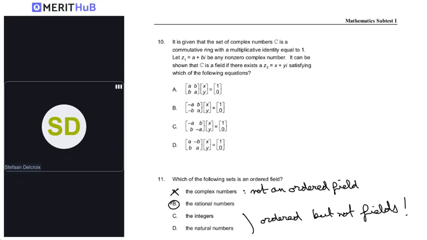So at this point, the complex numbers are one property away from being a field. The 5 properties are associativity, check, that's done. Closure, done. Commutative, that's given. Identity, that's given.